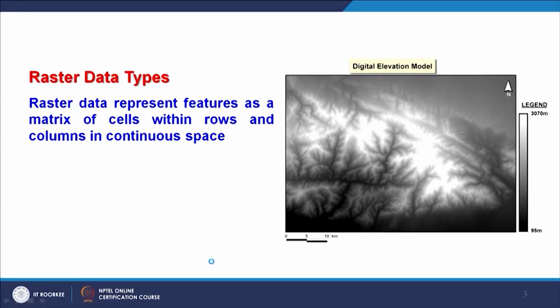Now, the raster data types, I have already mentioned two main types, grid and image. As an example, on the right side you are seeing a grid example, a very common grid data which we use in GIS. Later on, in the last 10-15 lectures we are going to have a lot of discussion about digital elevation models and their derivatives, and we will be using the same digital elevation model as shown here.